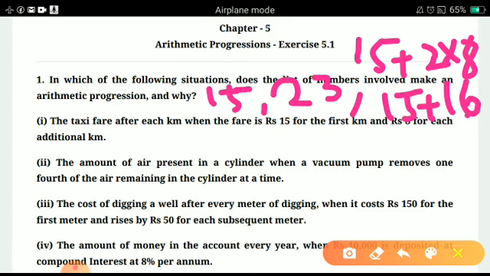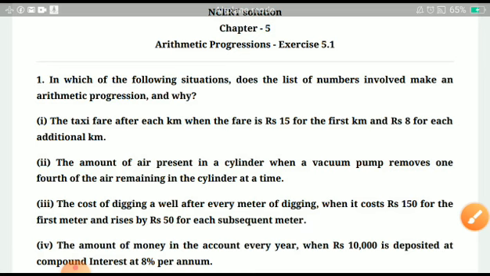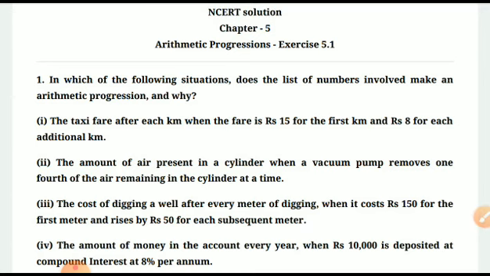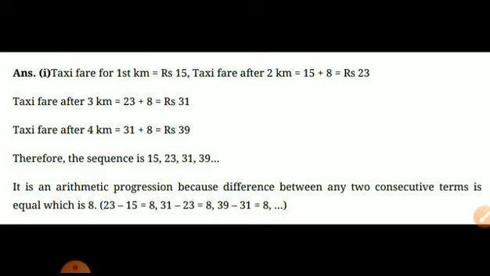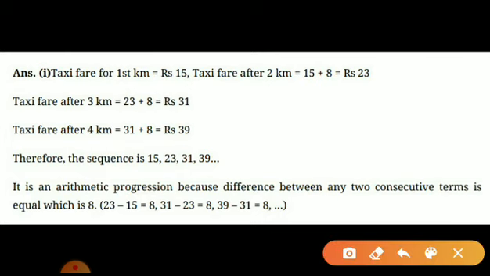So I have to check whether the given sequence is an AP or not. What we had seen: the taxi fare for the first kilometer, the basic fare, was 15. Till 1 kilometer the fare will be the same, 15 rupees.